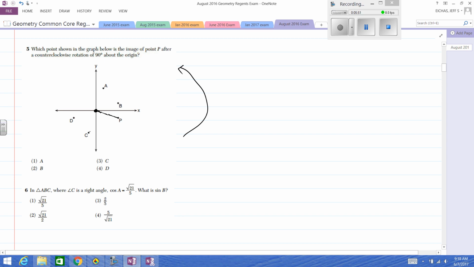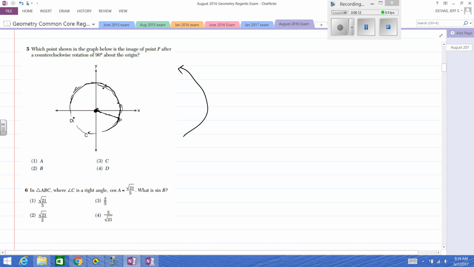It's essentially saying make a circle around P, centered at the origin, and if we rotate, P is going to travel around here.